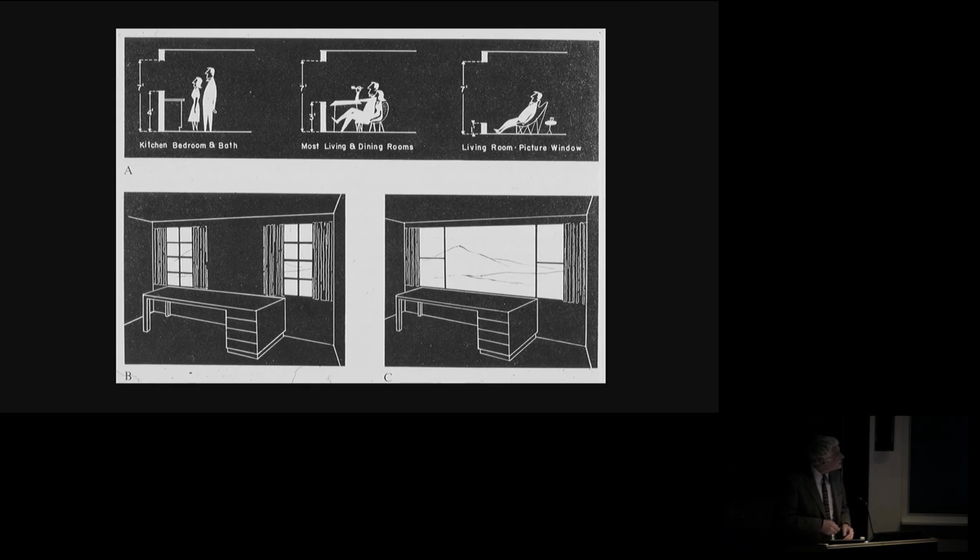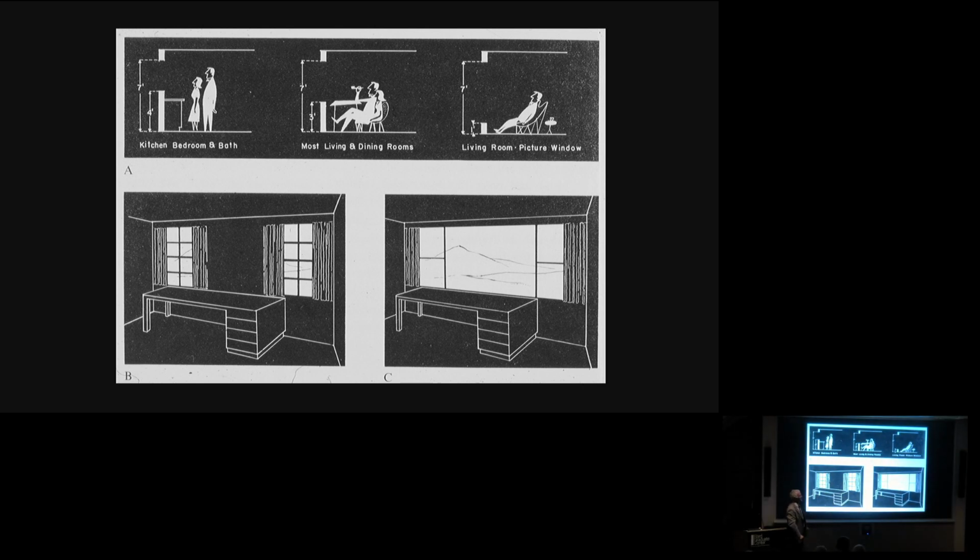And then I just show this because it's funny. So this is from a design manual, and it's showing the desirability and effects and kind of appropriateness for large windows. So you can see here, in a kitchen, bedroom, and bathroom, having a 3-foot tall window is fine. In a living room, you really want the bigger opening, the picture window, but what's great about it is in the kitchen, the couple are upright, looking at the view.